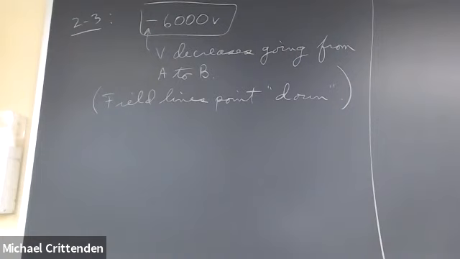Next example. An electric dipole, once again. I established at the end of section 1 that at large distances, meaning large compared to the distance between the two charges, the field of a dipole is an inverse cube.